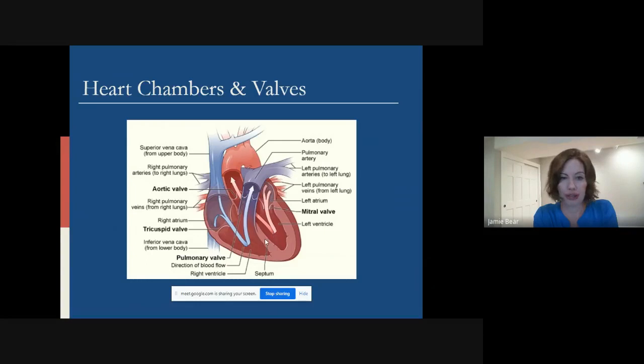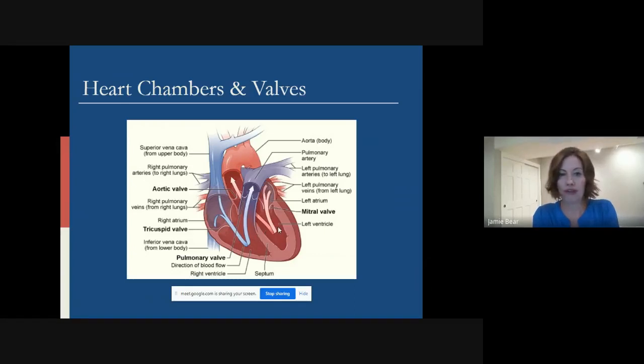And if you can notice here, the myocardium of the left ventricle is really strong, because the left ventricle is the main workhorse of the heart. It has to pump a lot of blood, so therefore it's a very high pressure system to pump the blood through the aortic valve, through the aorta, all the way to the rest of the body.